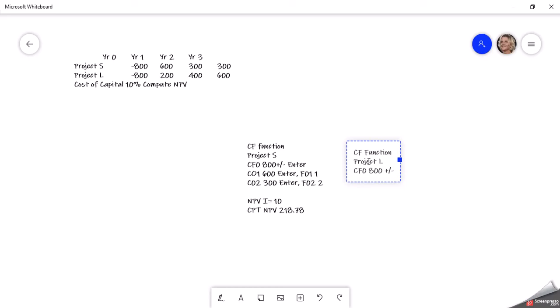And then hit enter, sorry. Don't forget to hit enter because then it won't stay in that field if you do not. So then we have 200, enter, a frequency of 1. We have 400, enter, a frequency of 1. And then we have 600, hit enter.